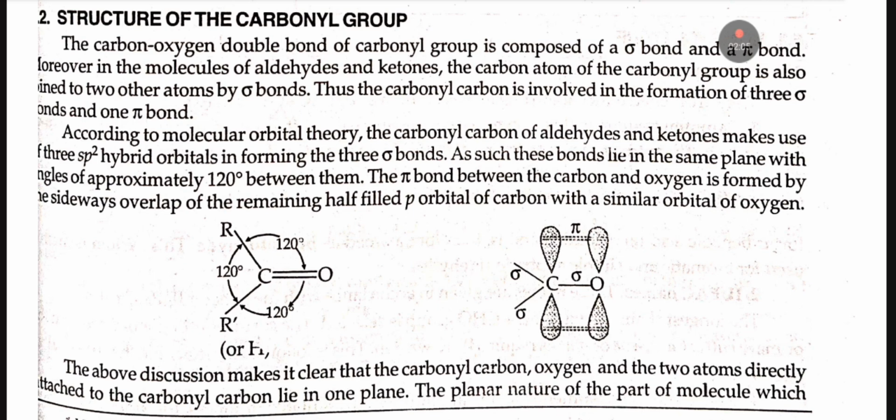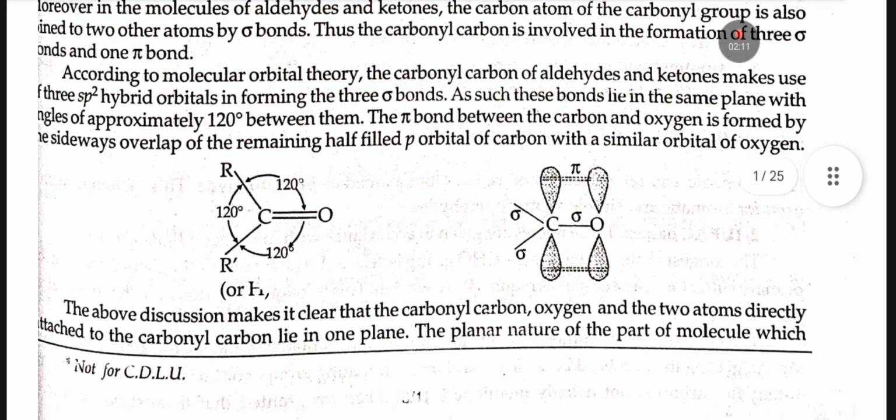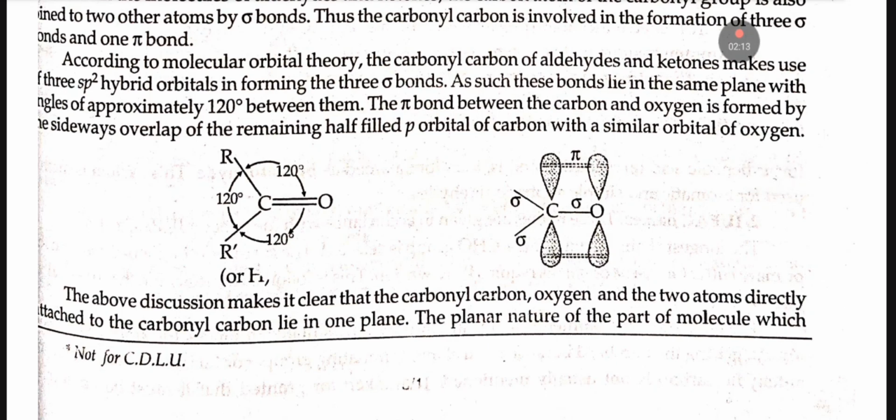Thus, the carbonyl carbon is involved in the formation of 3 sigma bonds and 1 pi bond. According to molecular orbital theory, the carbonyl carbon of aldehyde and ketone makes use of 3 sp2 hybridized orbitals in forming the 3 sigma bonds. As such, these bonds lie in the same plane with an angle of approximately 120 degrees between them.